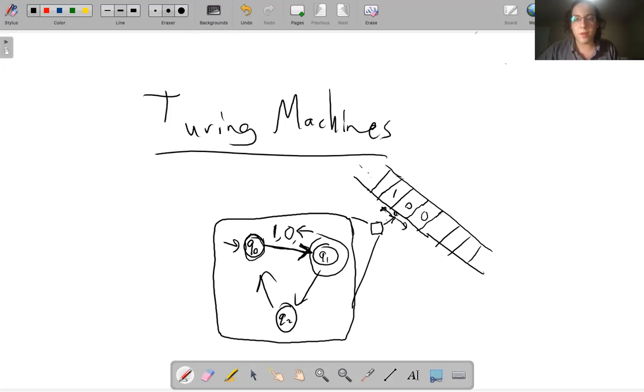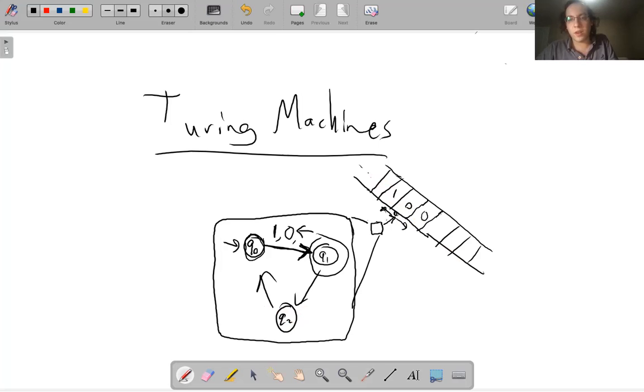Maybe another way to think about it is, imagine this is kind of like just the CPU itself, and this is a large RAM that it can read and write from. Except, I guess in a Turing machine you have to read and write sequentially, so maybe it's more like a hard disk. Anyway, so this is just a mathematical definition. So the notes have the formal version of it, which is this 7-tuple that specifies all these things that you need.